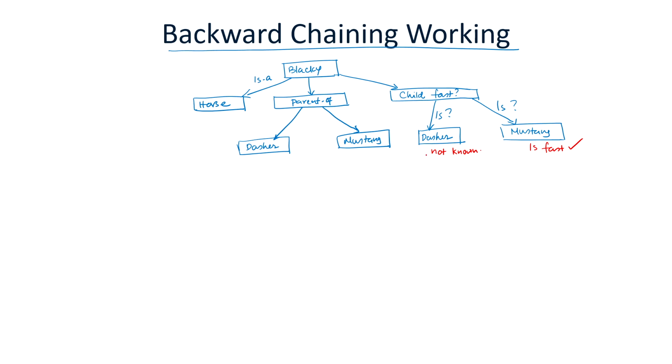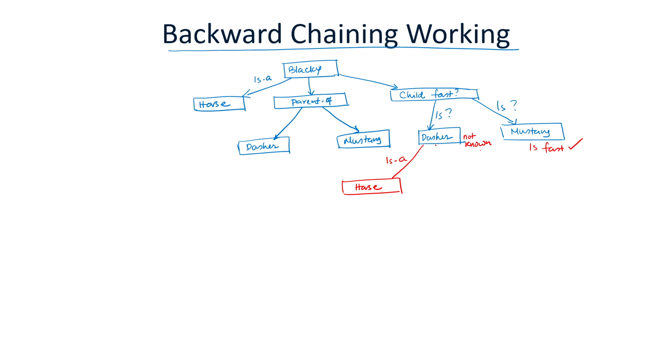Then you can say, I am now using another color, Dasher is a horse. Yes. Or I will just write it here: not known. We do not know whether Dasher is fast or not.